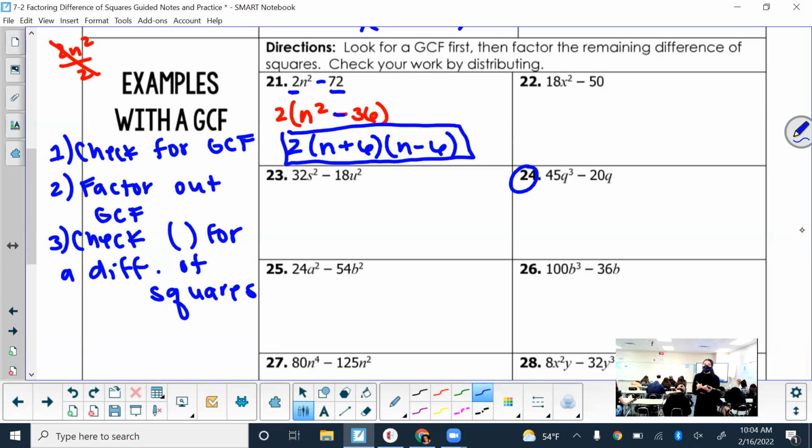That's the biggest number that you can divide evenly into both. I could always make a factor tree if I'm not sure, but it is 5. Can I factor out any Q's? Yes, because they both have at least one Q. How many can I factor out?